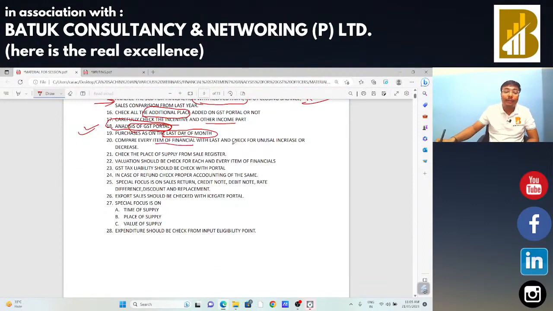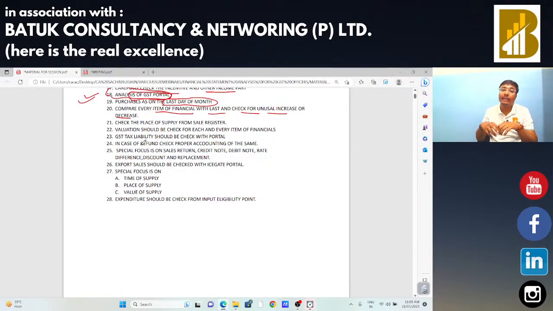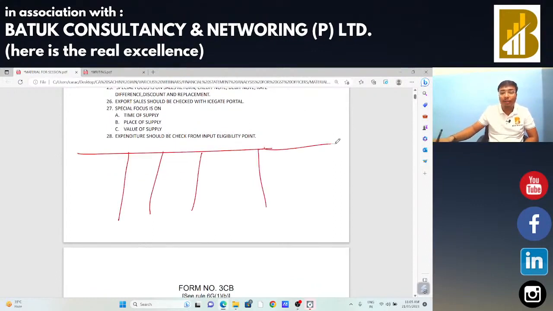Compare every item of the financial statement with last year and check the unusual increase and decrease. Sir, on the expenditure and income side, you just need to demand it. Also, nowadays this is mandatory under the Income Tax Act, that we need to provide the comparison of the financial statement. When I submit the income tax audit report, I need to provide my profit and loss account in that particular format: current year, previous year, current year, previous year.